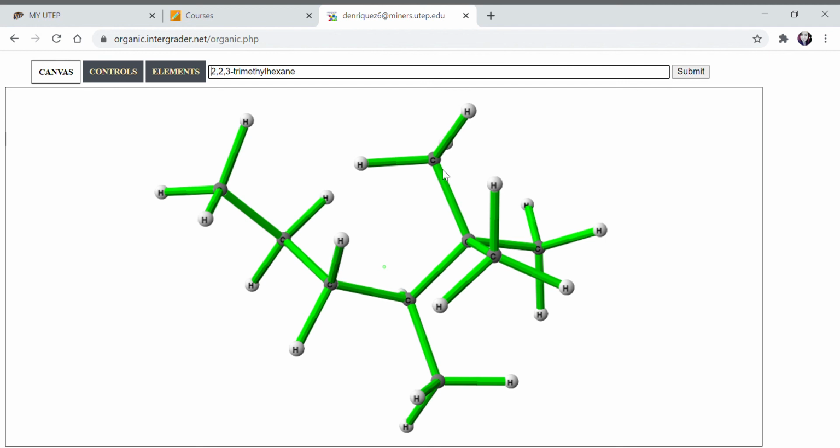And then we've established that this is the highest priority, so 1, 2, 3. Counterclockwise, S. Let's double check. 1, 2, 3, 4, 5, 6. 2 methyls at the 2 position. 1 methyl at the 3 position. And let's see if that's right.